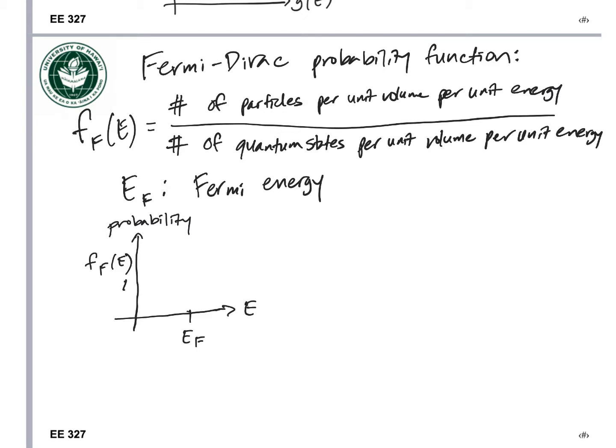I'm going to put a constraint on this, and that is that we are at absolute zero, so this is 0 Kelvin. What does the Fermi-Dirac probability function look like? It's a step function. It goes to EF and then it drops down at EF.